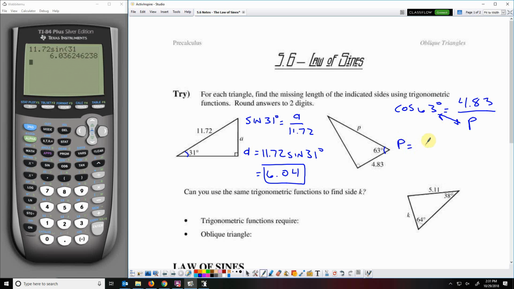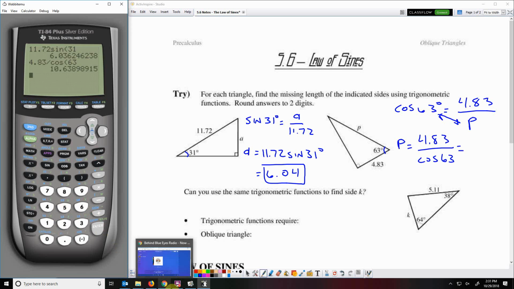So phi equals 4.83 over cosine 63. And that's 10.638, so 10.64.